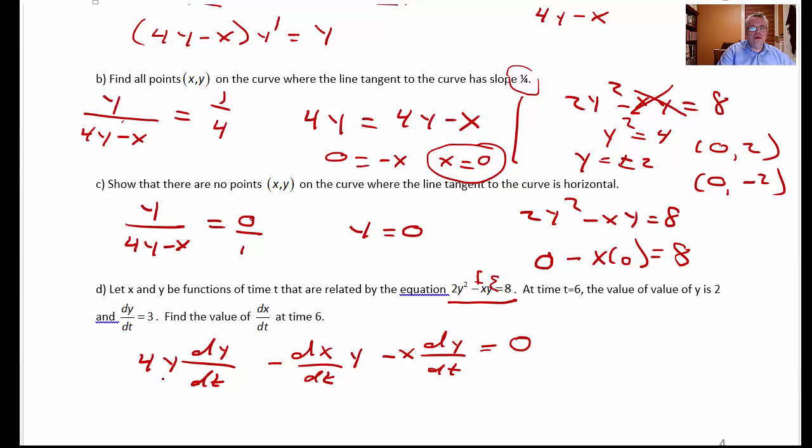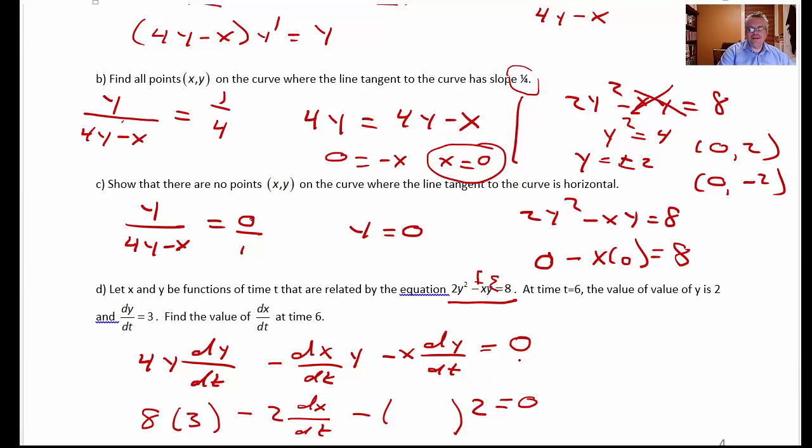So 4 times 2, which is 8, times dy dt, which is 3, minus dx dt, which we're trying to figure out, times y, which is 2, so minus 2 dx dt, minus x. Got a little problem here. I don't know what x is, so I'm going to leave it blank here, times dy dt, which is 3, equals 0.